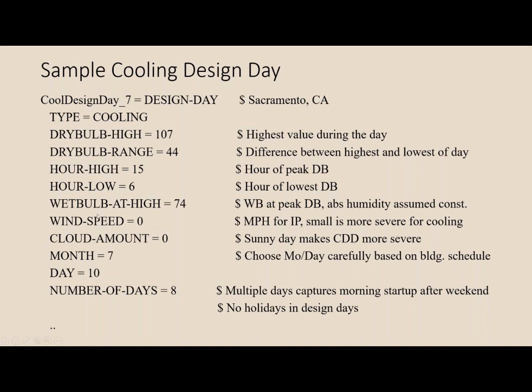I was doing some simulations at one point and finding that I was getting some loads that weren't met. I was undersizing some equipment, and I found that it had to do with the wind speed.